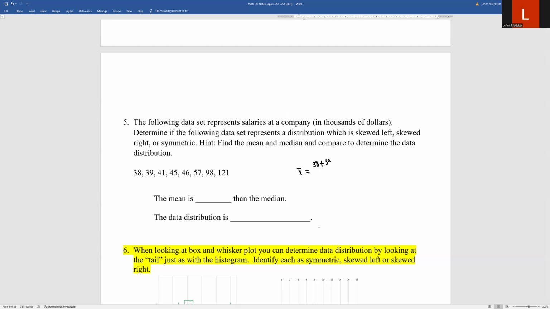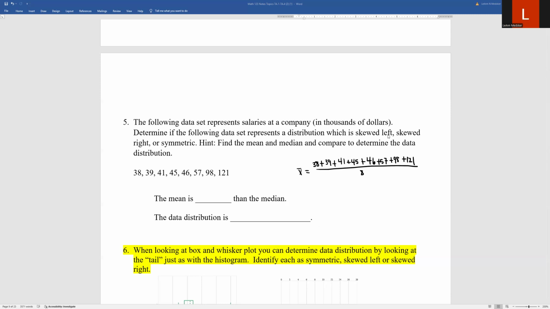We have 38, 39, 41, 45, 46, 57, 98, and 121. That's a total of 1, 2, 3, 4, 5, 6, 7, 8 salaries. So we're going to be dividing by 8, because we're just doing a regular average. 38 plus 39 plus 41 plus 45 plus 46 plus 57 plus 98 plus 121.